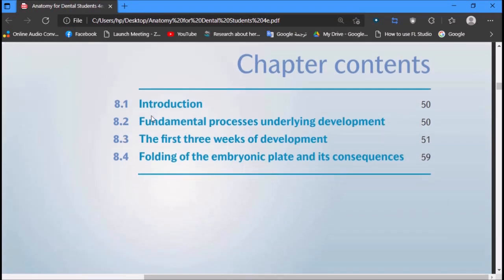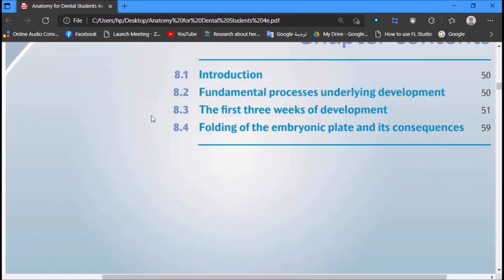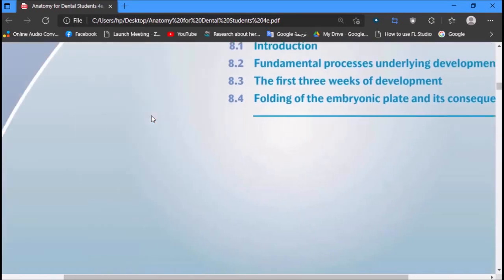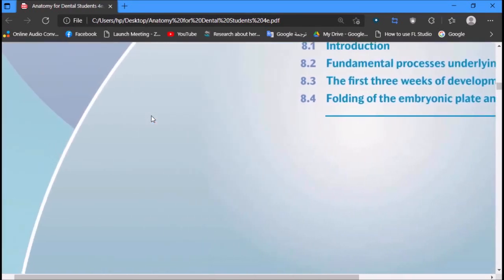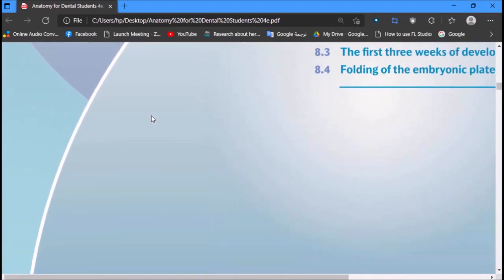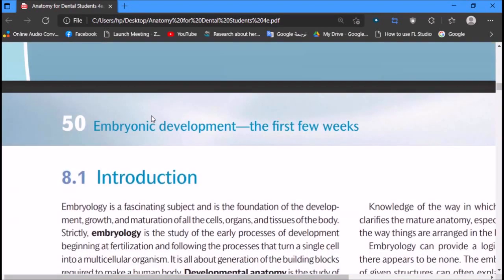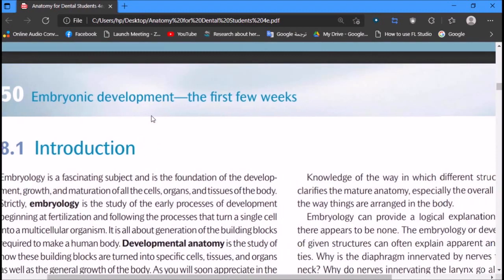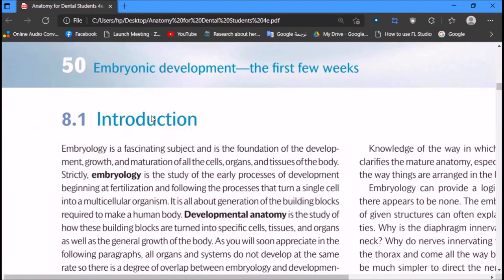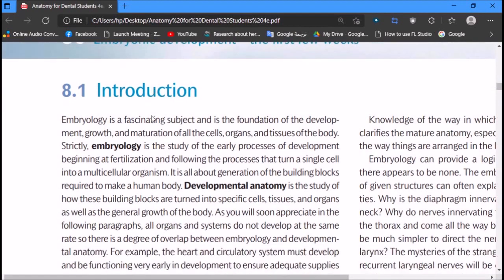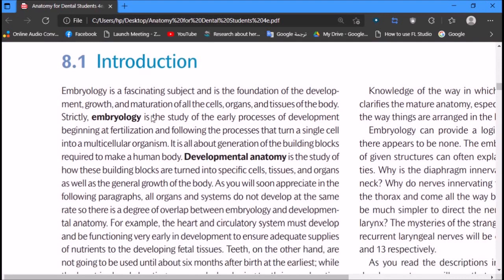All organs and systems do not develop at the same rate, so there is a degree of overlap between embryology and developmental anatomy. For example, the heart and circulatory system must develop and be functional very early in development to ensure adequate supplies of nutrients to the developing fetal tissues.